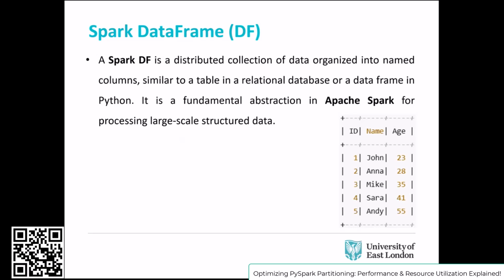Why? Because a DF is like tables in Excel, or like pandas in Python. Whenever we have tabular data, we have to work with data frames. Whenever you have non-tabular data, you need to work with RDD, another data structure.